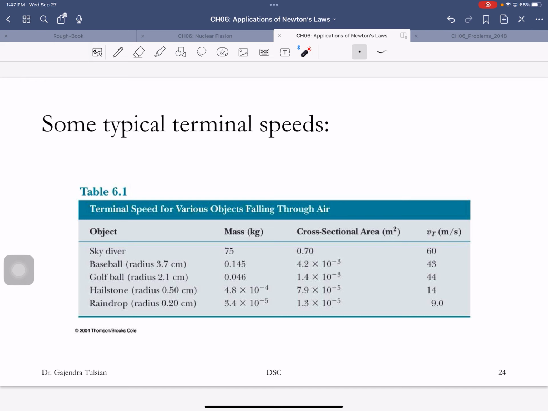If it rained baseballs, for instance, baseballs would fall at about 100 miles an hour. That's quite interesting, about the speed at which a fastball is thrown.